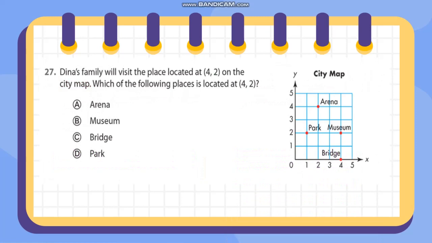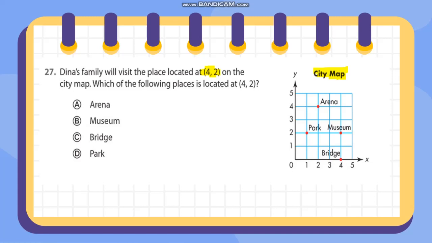Question number 27. Venus family will visit the place located 4, 2. 4 is your x-coordinate and 2 is your y-coordinate, because the first number from the ordered pair is the x and the second digit is what we call the y. So on the city map, we have the arena, the park, the museum, and the bridge.